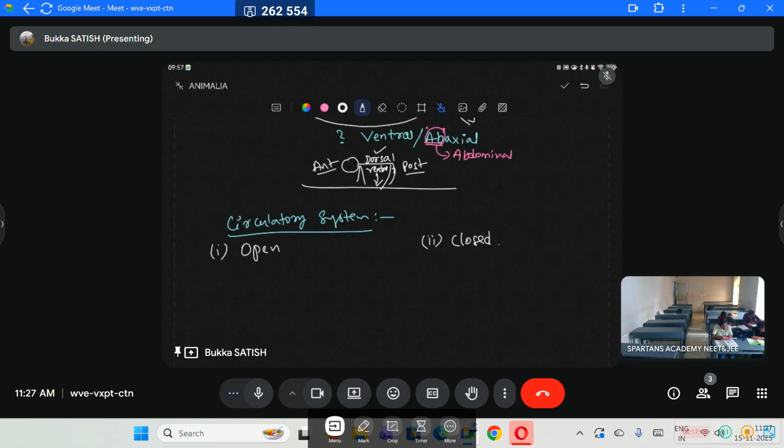Open circulatory system, closed circulatory system. As we know, what happens in open circulatory system? Do you know or not? No, no, no. What is meant by this open circulation?